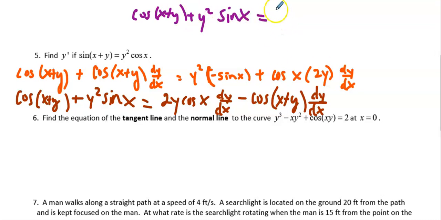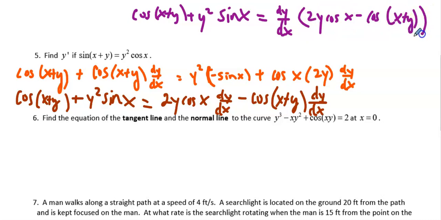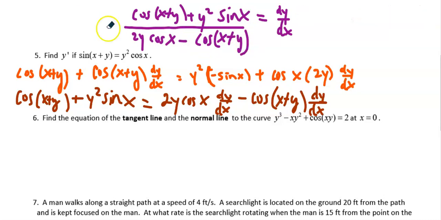And then I'm going to undistribute my dy dx on the right side, and I get 2y cosine of x minus cosine of x plus y, which is crazy. And so our answer is going to simply be, and I'm just going to move this over here, 2y cosine of x minus cosine of x plus y.